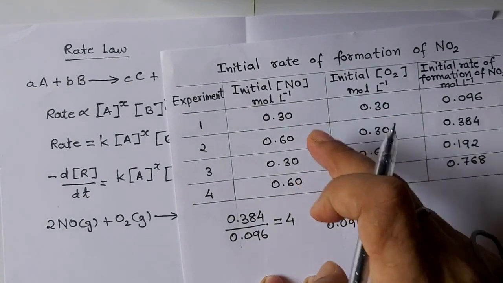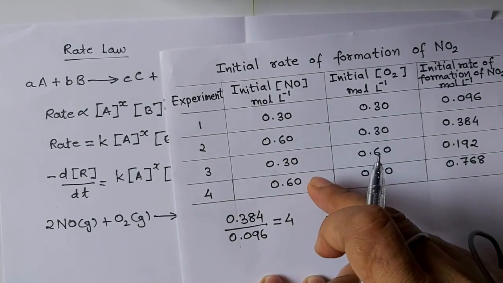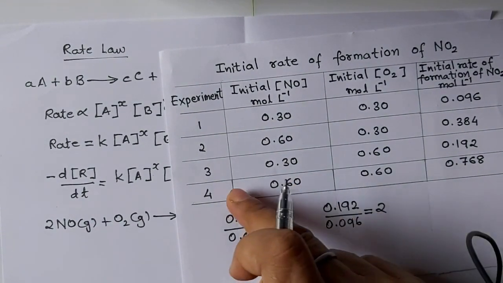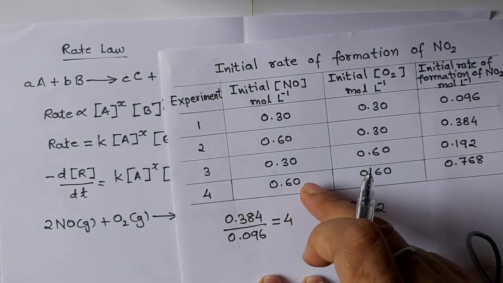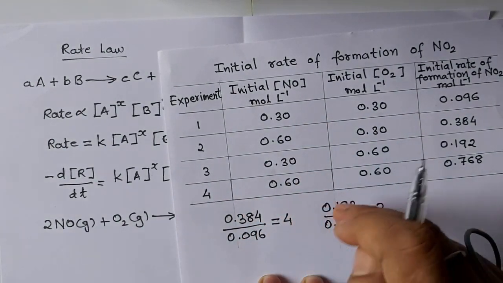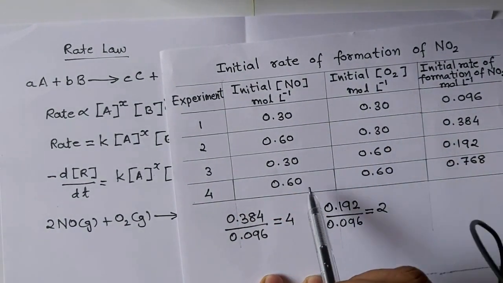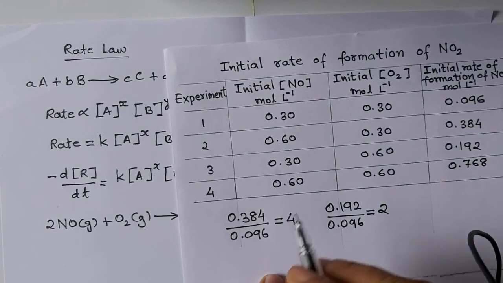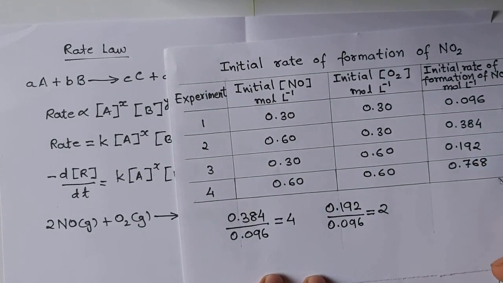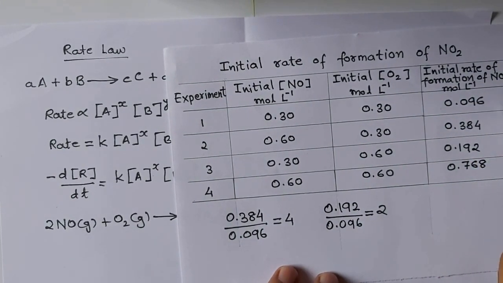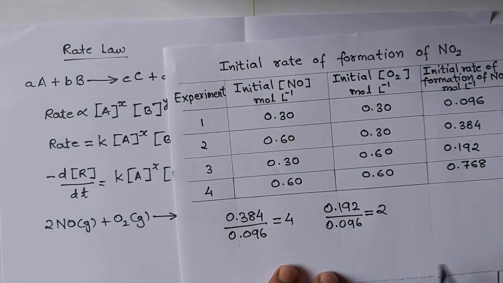Now, we have experiments 1 and 4. In the fourth experiment, we have doubled the concentration of both the reactants, NO and O2. So let's see what happens to the initial rate of formation of NO2.